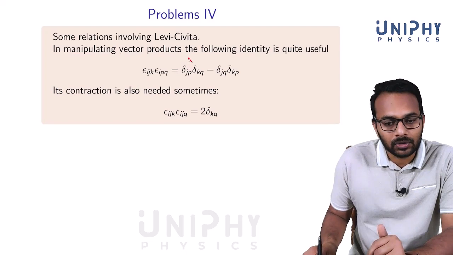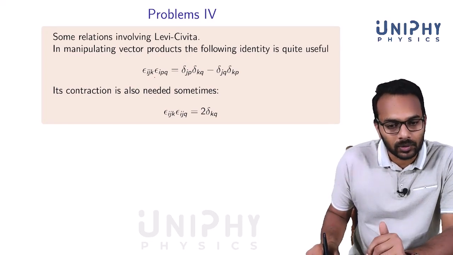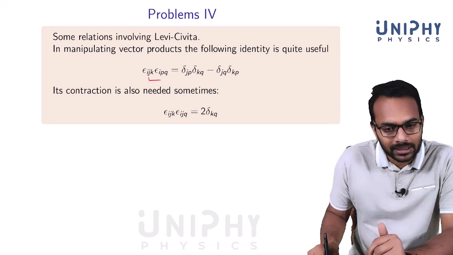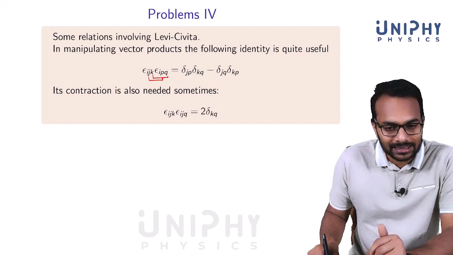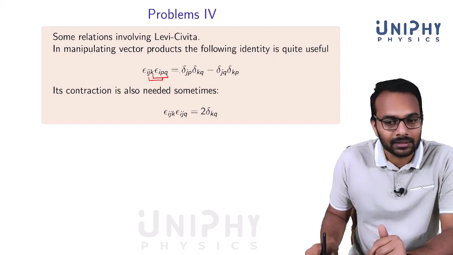It's not particularly difficult to remember. The answer involves Kronecker deltas. First, you take the combination jp and kq, which means that you combine the second index here with the second index here, and the third index here with the third index here. So that's delta jp, delta kq.